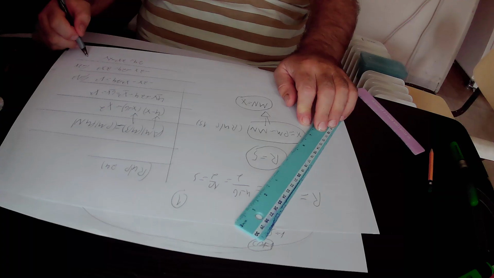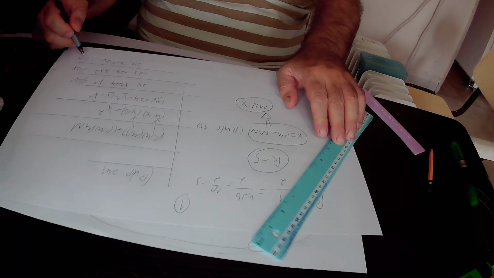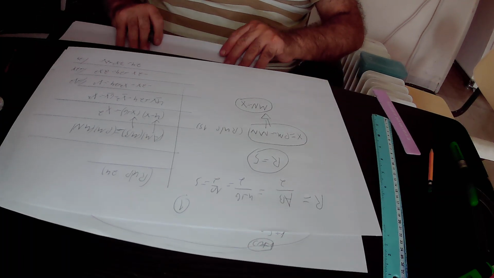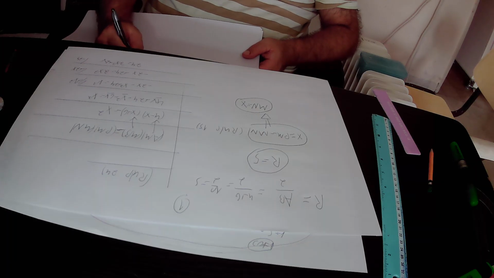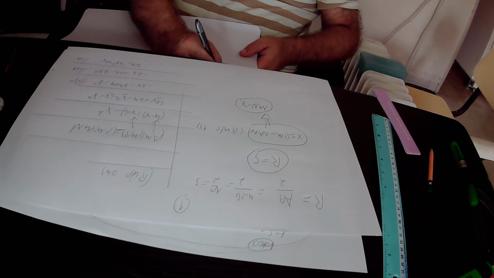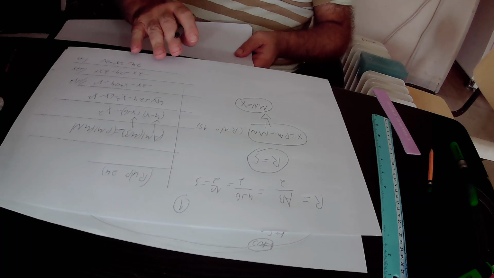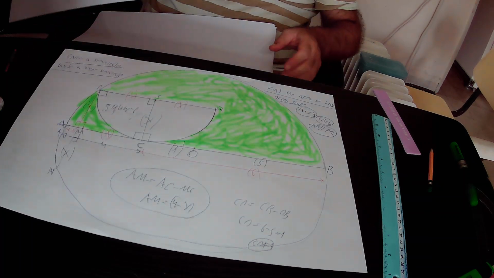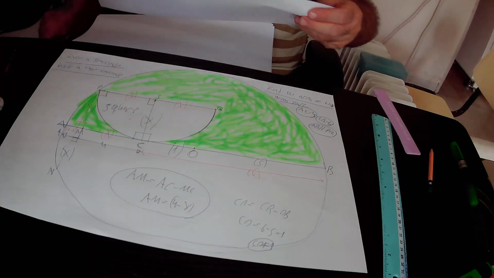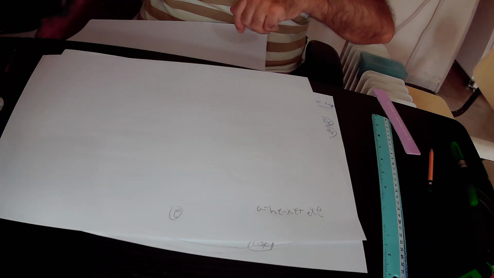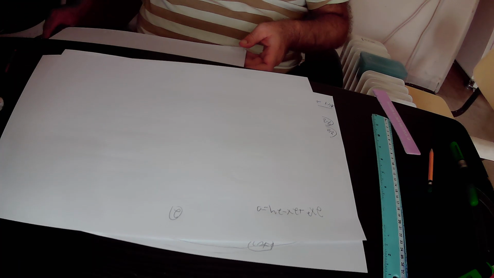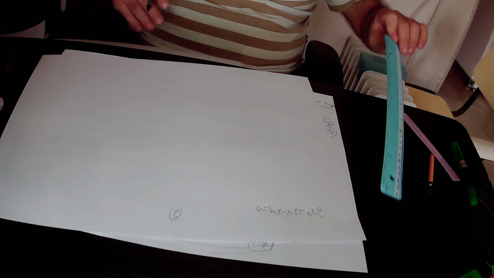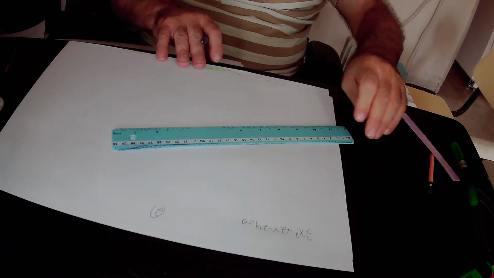Here we subtract 24, and finally we get 2X squared plus 2X minus 24 equals 0. Here we divide this equation by 2.